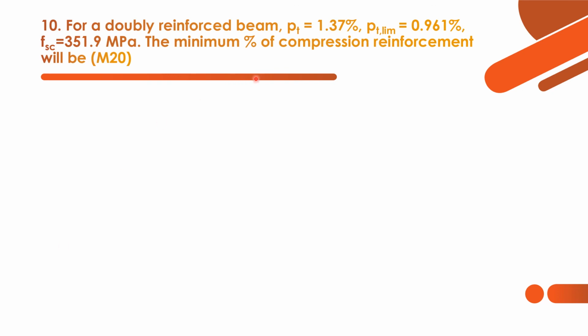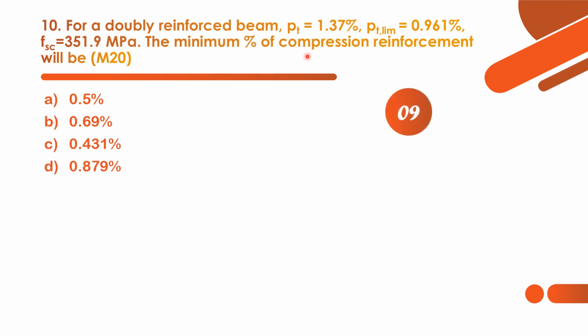For a doubly reinforced beam, the percentage tension reinforcement is given as 1.37. The limiting tensile reinforcement is given as 0.961%, and fsc value, that is the stress in compression steel, is given as 351.9 megapascal. Now we have to calculate the minimum percentage of compression reinforcement, and they have mentioned the grade of concrete as M20.